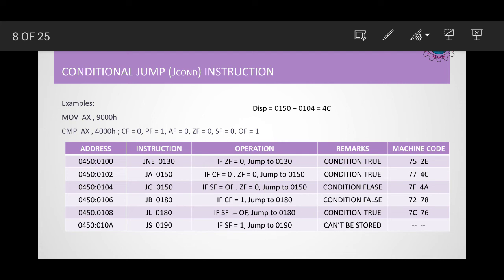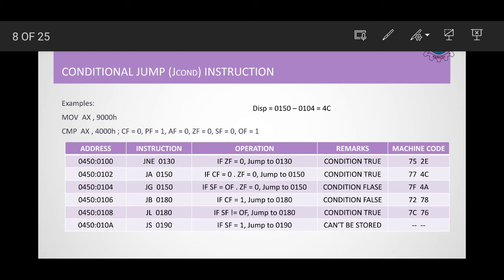Now we are going to discuss the next instruction, JG, jump if greater, 150. Here, if you see the value present within AX and the value with which you are comparing AX, 9000 and 4000.